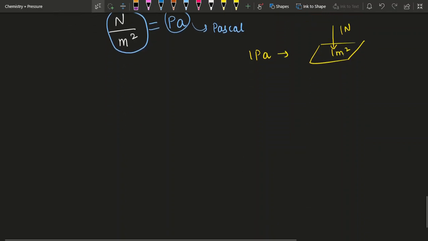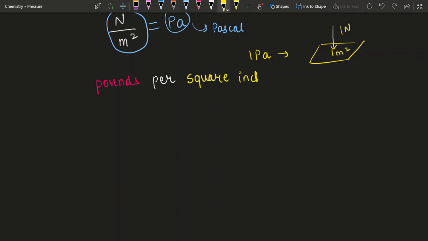We also have other units. If you take force in pounds and area in square inches, then you get the unit PSI, pounds per square inch. That's called the PSI.